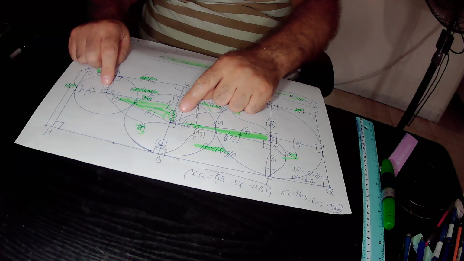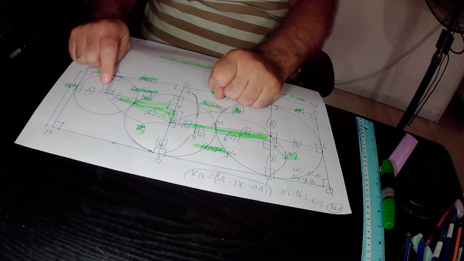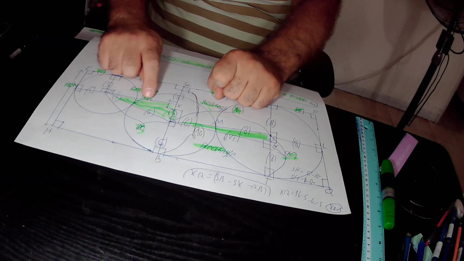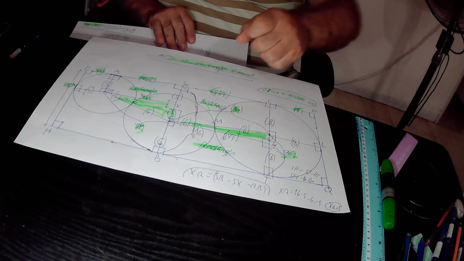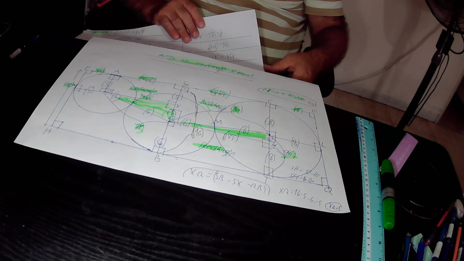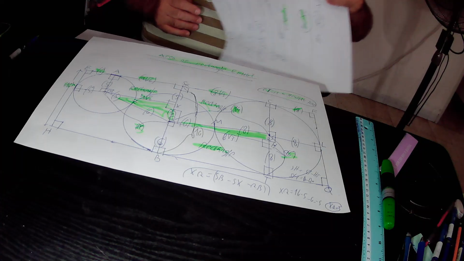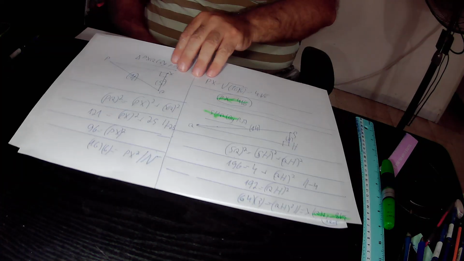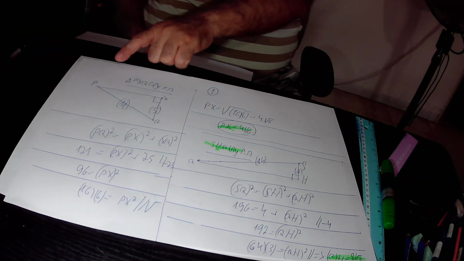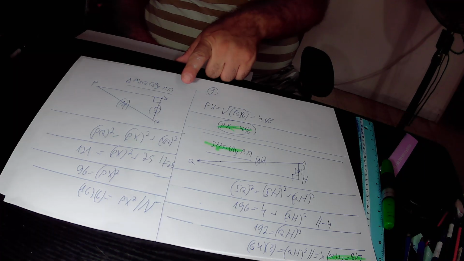XQ equals 5. So in the next step, I copied this green right triangle PXQ and implemented the Pythagoras theorem on it. According to the Pythagoras theorem, in any right triangle, the square of the hypotenuse equals the sum of the squares of the perpendicular sides. So this is the right triangle PXQ.